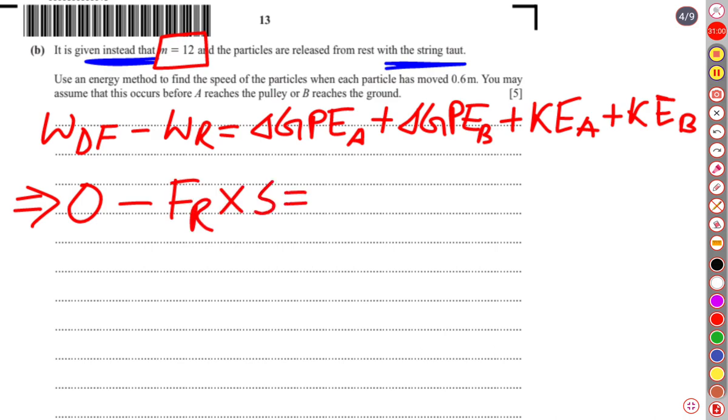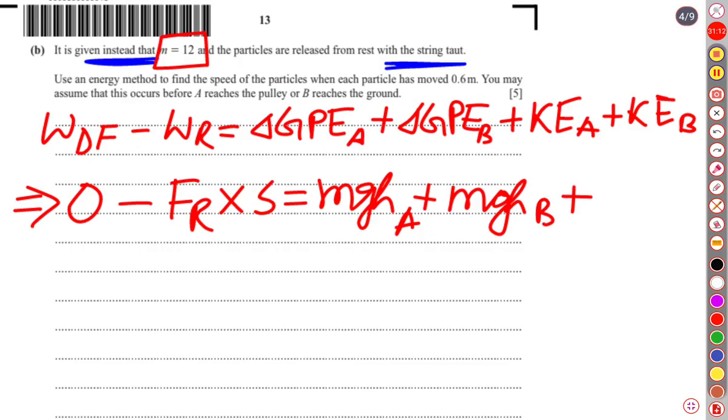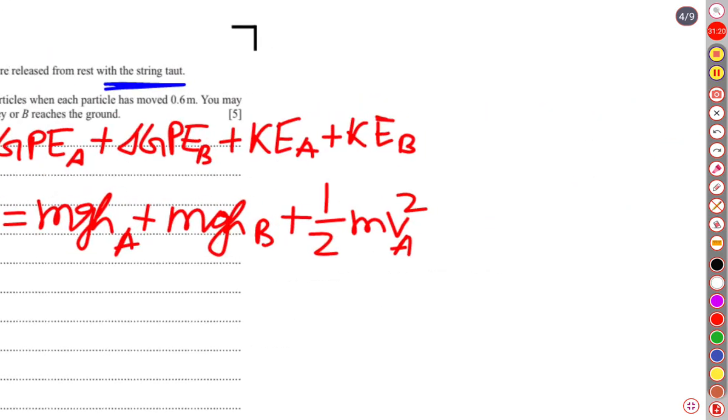And change in GPE is mgh of A plus mgh of B plus kinetic energy. We know the formula is half m v squared of A plus half of mass into final velocity of particle B squared.